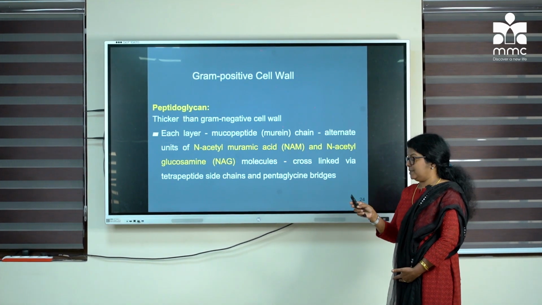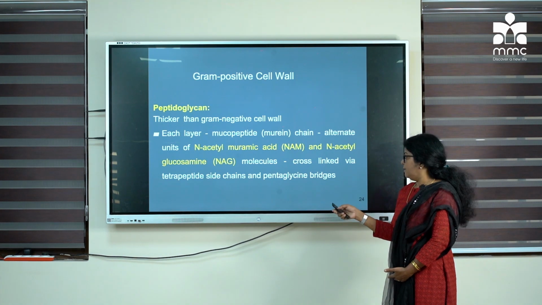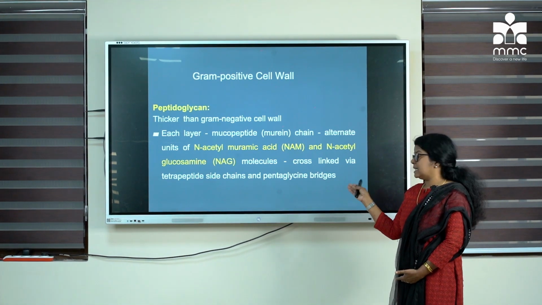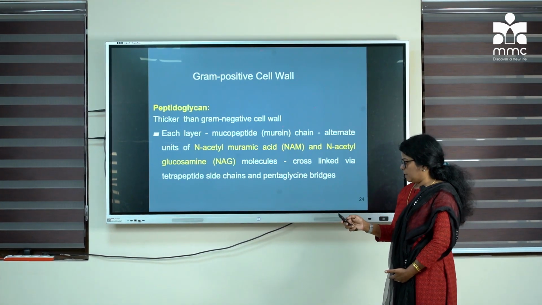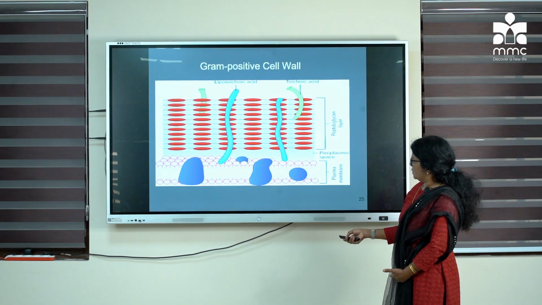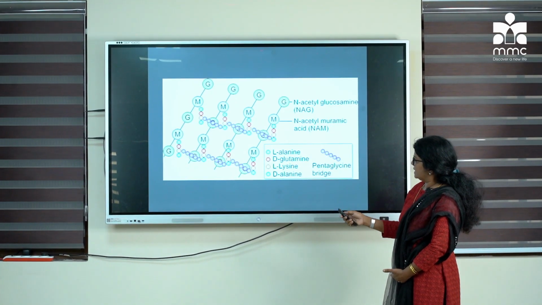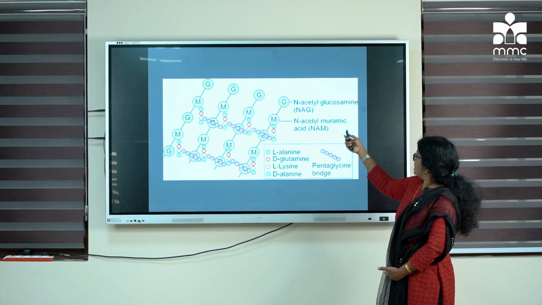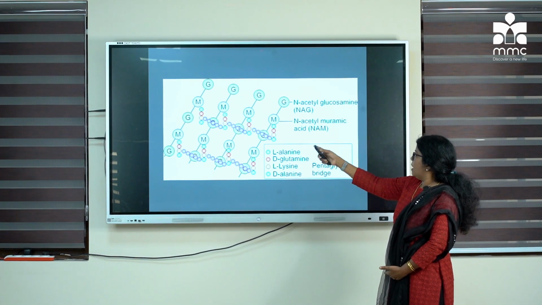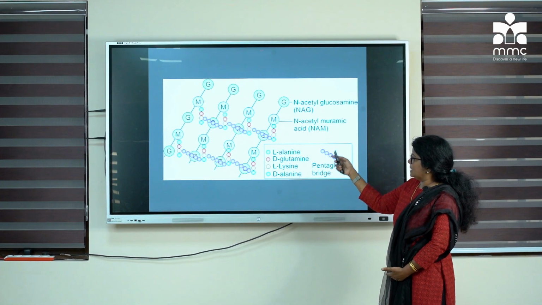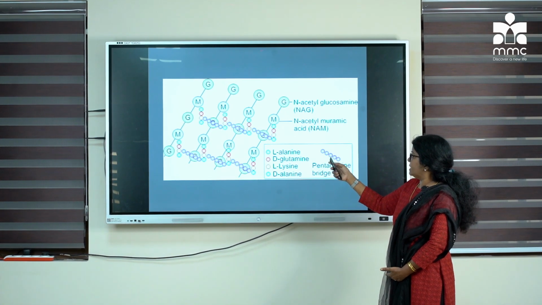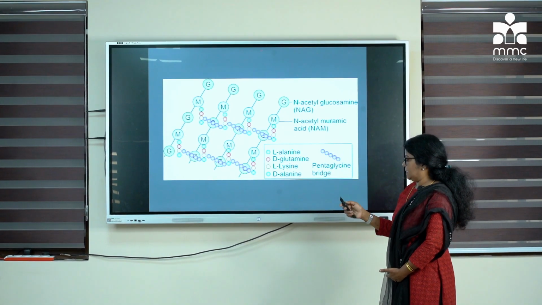It is very thick in the gram-positive bacterial cell wall, and each of these layers is cross-linked with tetrapeptide side chains and pentaglycine bridges. So this is the structure of peptidoglycan, with repeating units of N-acetylglucosamine and N-acetylmuramic acid cross-linked with the tetrapeptide side chains.